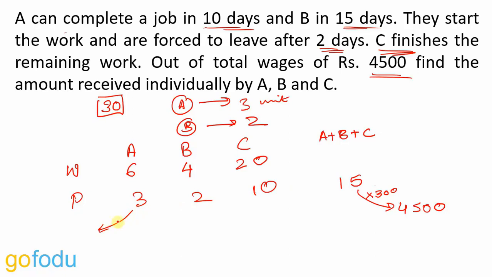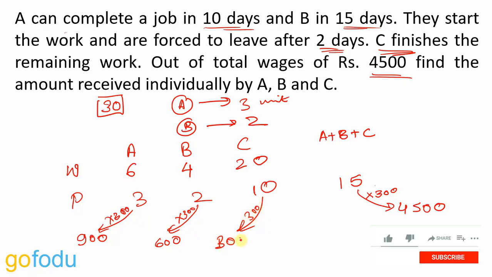The same multiplying factor will get multiplied to the ratio value of A, giving us the payment received by A as 300 into 3, 900 rupees. Payment received by B as 300 into 2, that is 600 rupees. And payment received by C as 300 into 10, 3000 rupees.